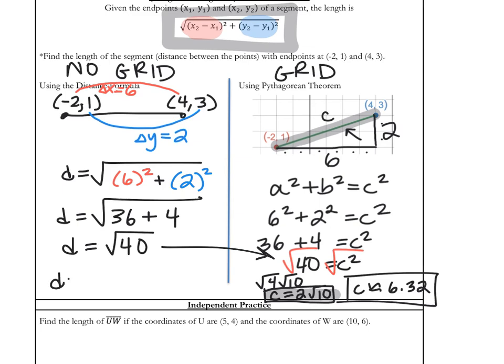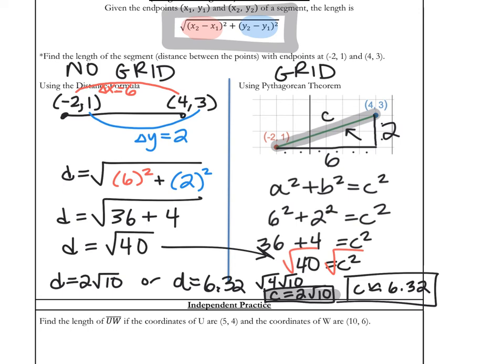So you could say that it is either 2 root 10 or approximately 6.32. Notice you get the exact same answer, but you had a grid on this one and you didn't over here, which is how you know whether to use Pythagorean theorem or distance formula.